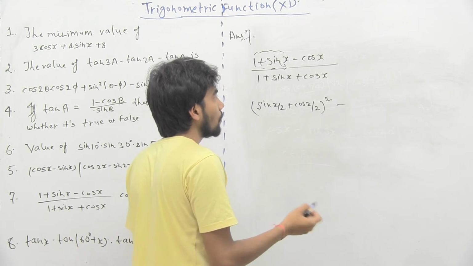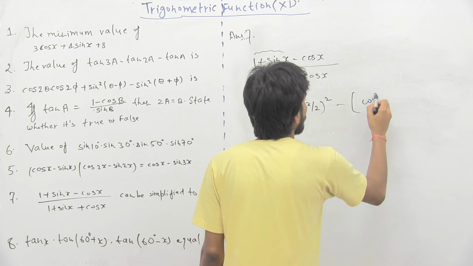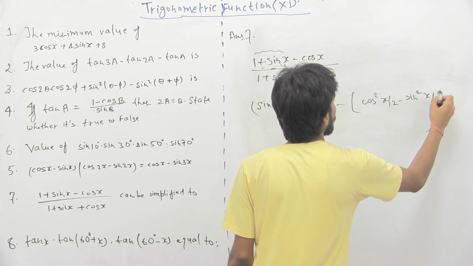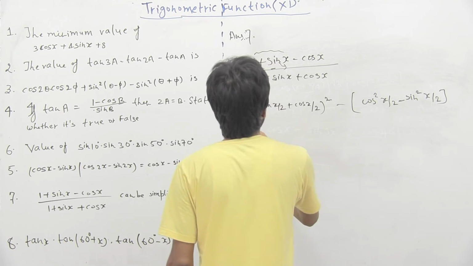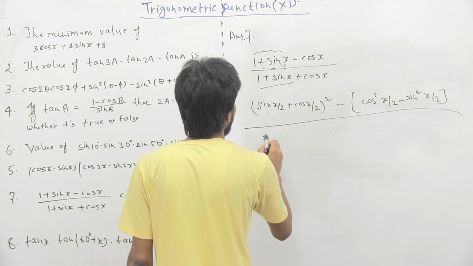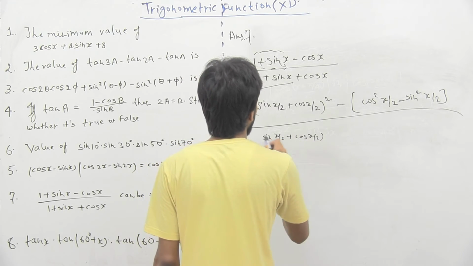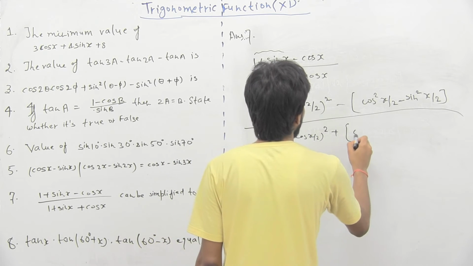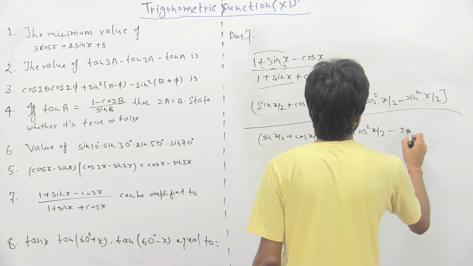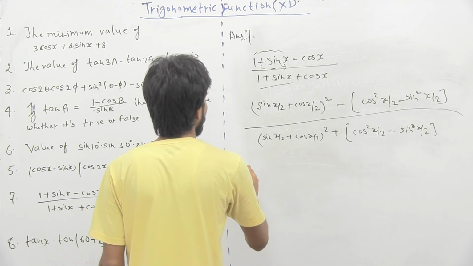And we already have the formula of cos x equal to cos square x by 2 minus sin square x by 2, and similarly we write here sin x by 2 plus cos x by 2 square plus sin square x by 2.